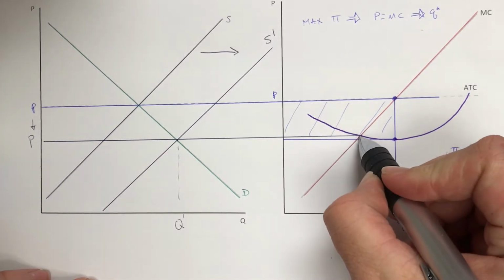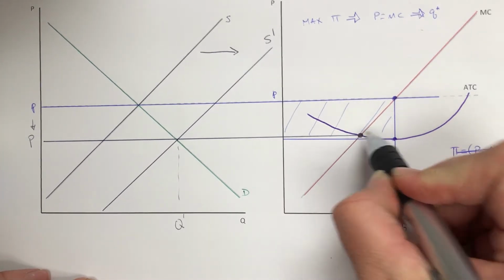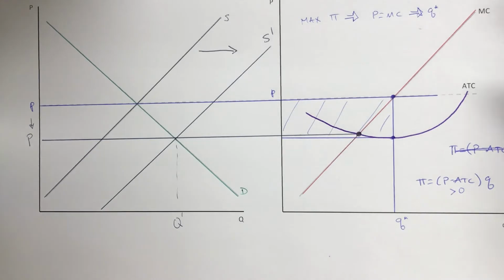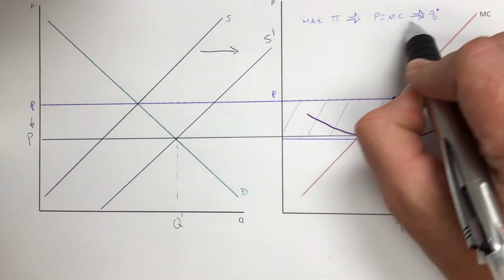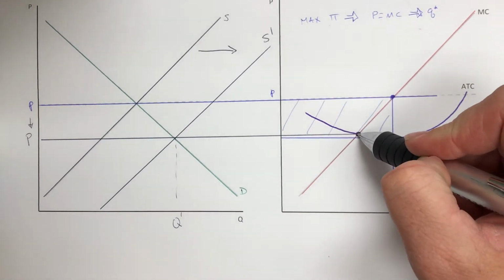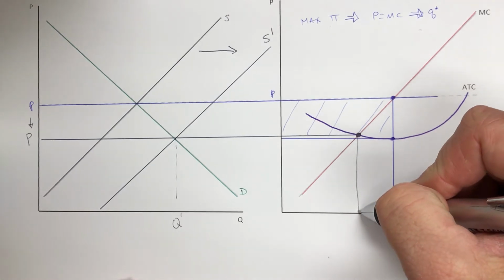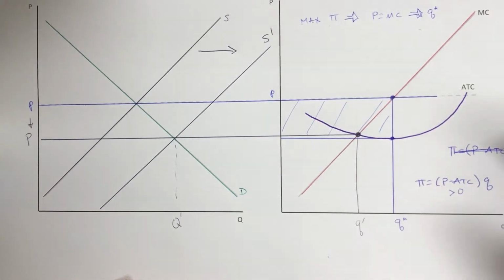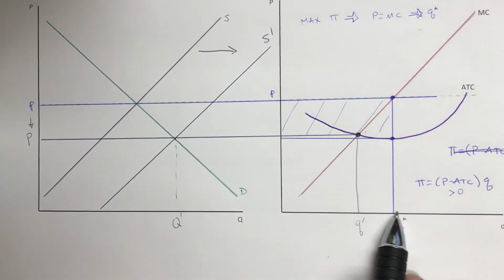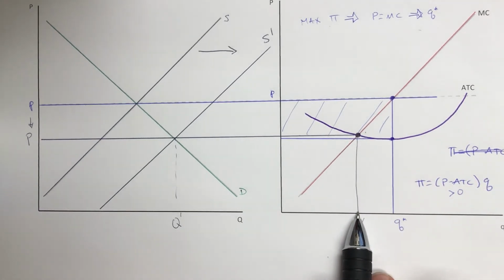And as a result of this price, the firm is going to set, because to maximize profits, we set price equal to marginal cost. That lower price means we set this as our new quantity. And so each individual firm is going to produce less as a result because there's more firms in the market.